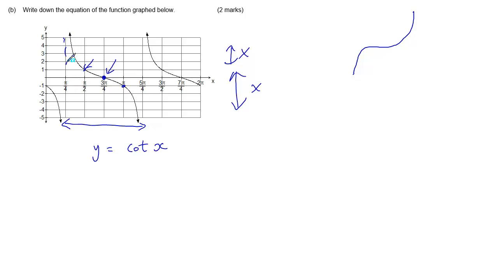But the asymptote is at pi by 4, and normally for the cot the asymptote is the y-axis, so we've moved it to the right pi by 4. So that's the correct transformation.